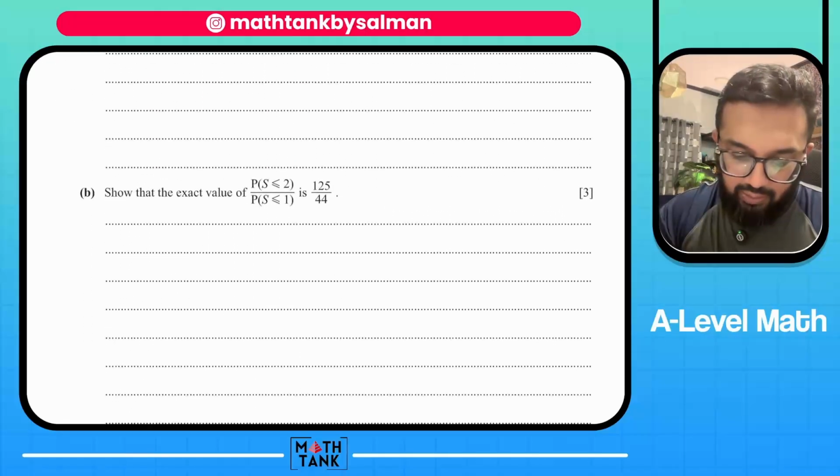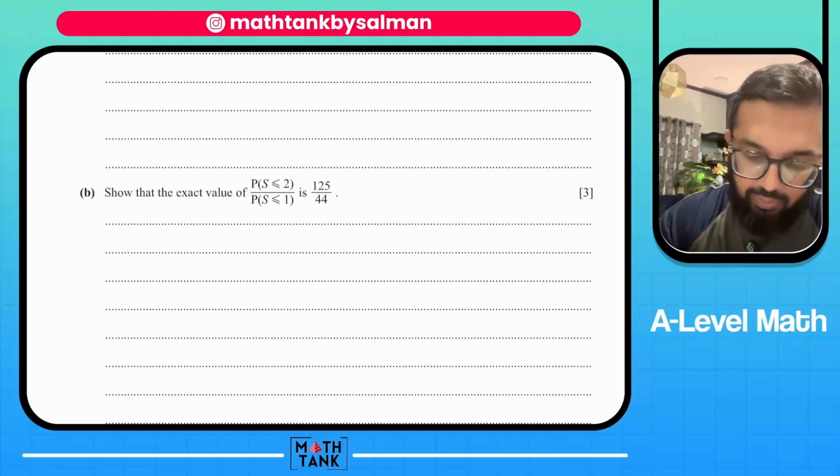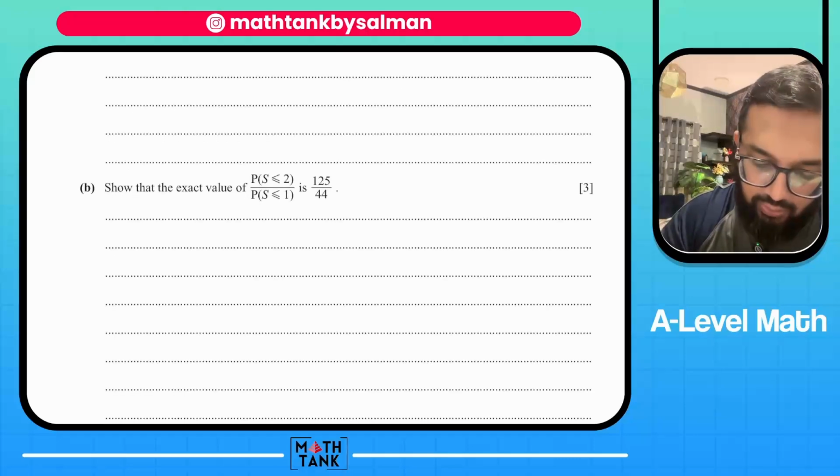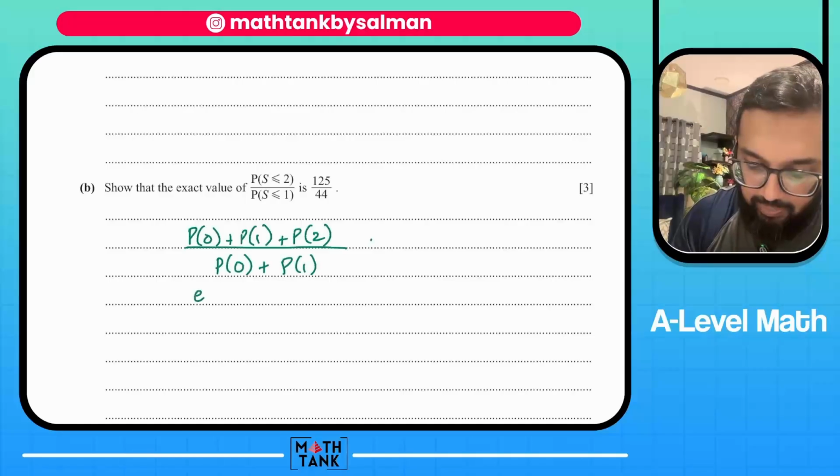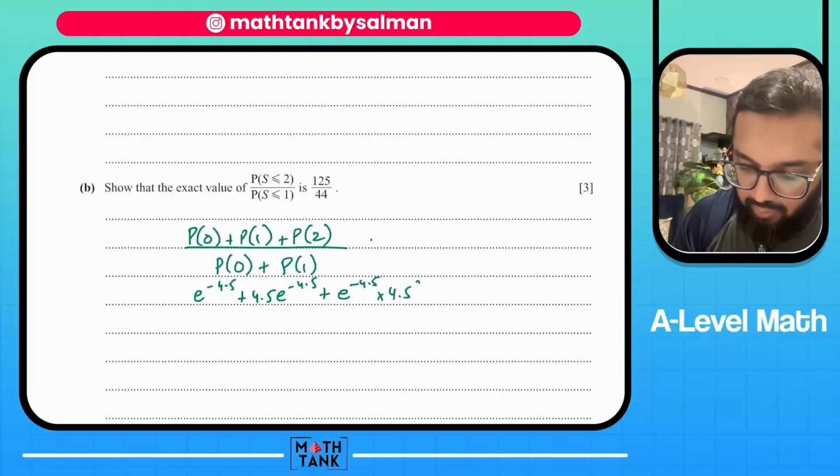Show that the exact value of the probability of less than or equal to 2 given less than or equal to 1 is 125. So less than or equal to 2 means 0, 1, and 2. I will have to do this without a calculator and show you that some of these are cancelling out. e power minus lambda, lambda e power minus lambda.